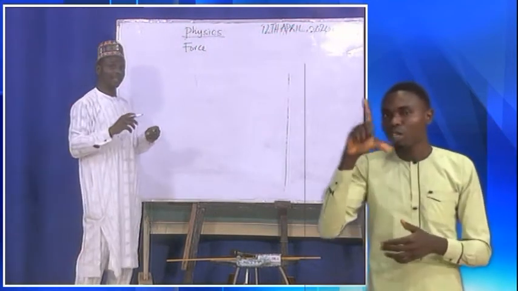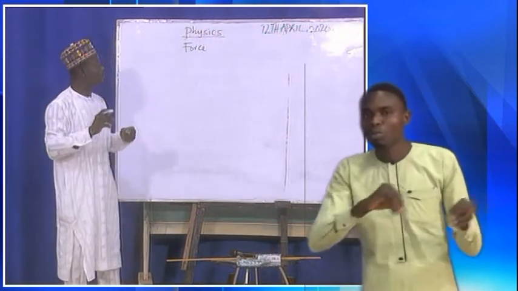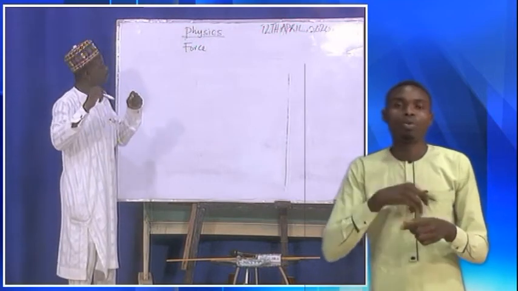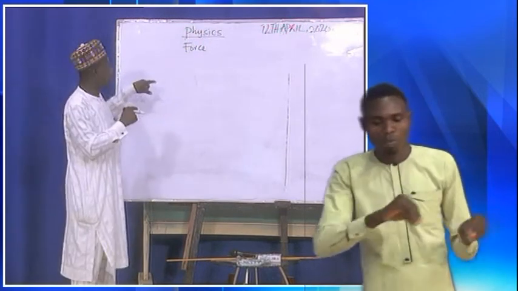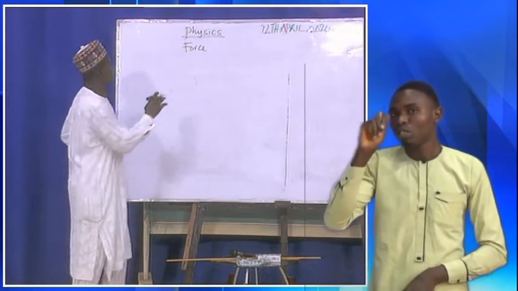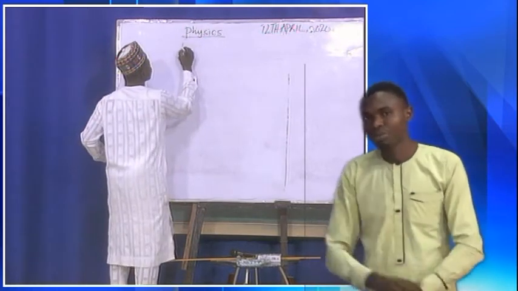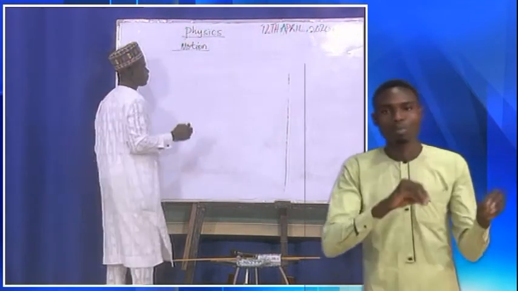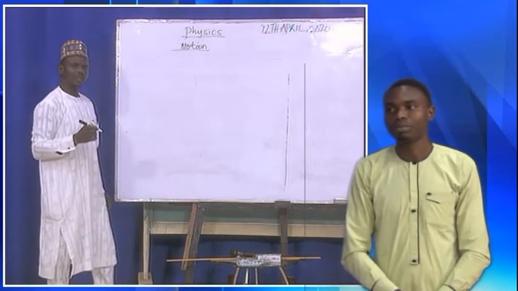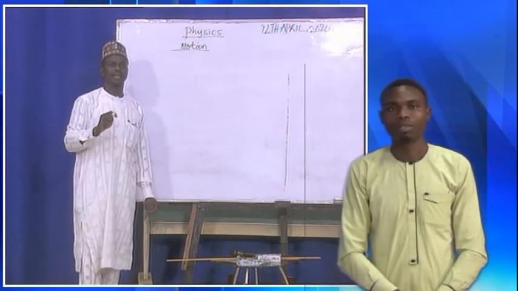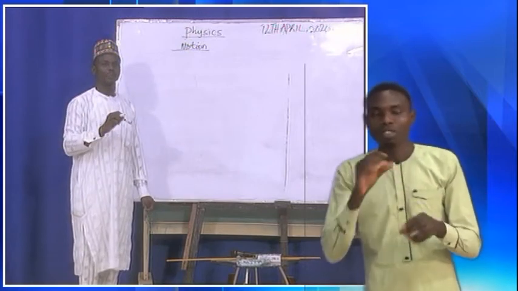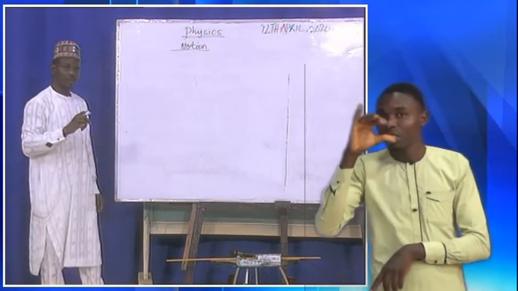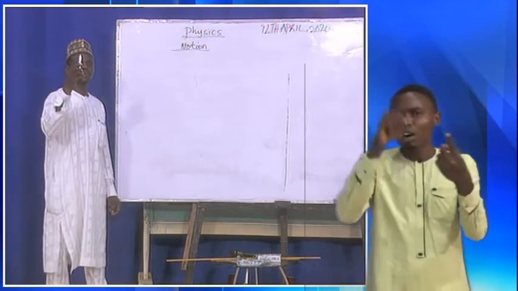Today we are going to study motion. The reason why I said force is because you cannot have motion without force. So I'm linking you with what causes motion. So our topic is going to be motion. Motion is defined as the tendency of an object to change position from rest.